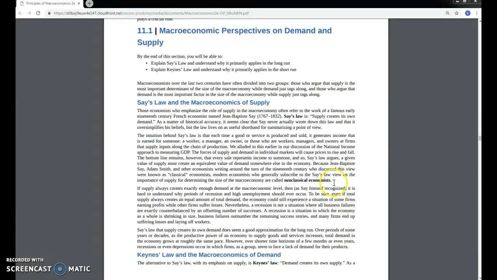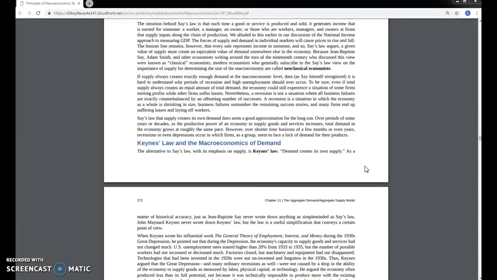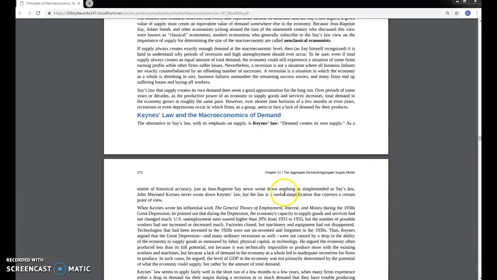So classical economists, these new classical economists, still believe that we should emphasize focusing on the supply side of the economy. Keynesian economists, on the other hand, believe in putting an emphasis on the demand side. If you notice in the reading, Keynes never actually said demand creates its own supply, but it gives us this picture of really focusing on the demand side.